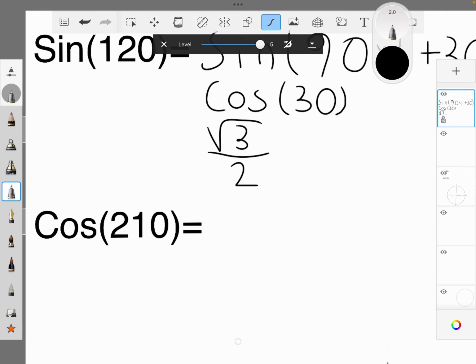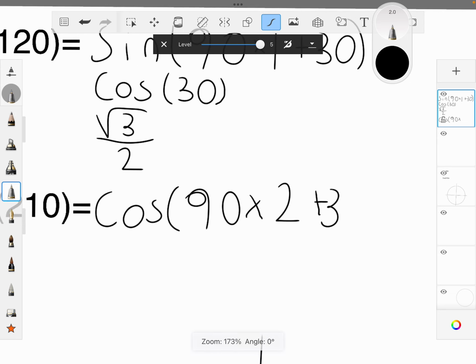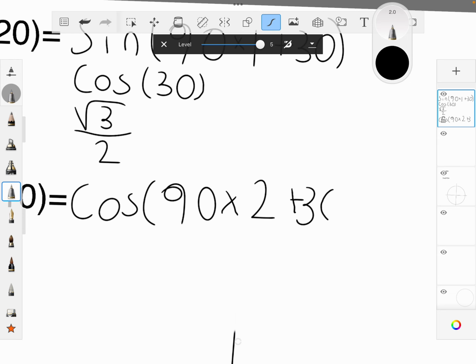So cos 90 times 2 plus 30. Okay, so 90 times 2 plus 30 equals 210.